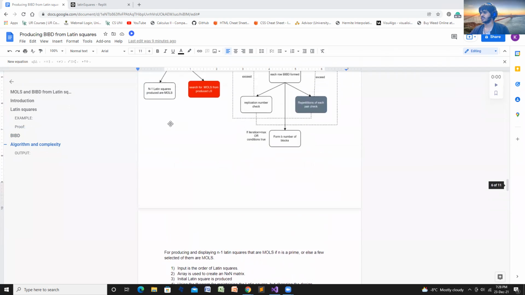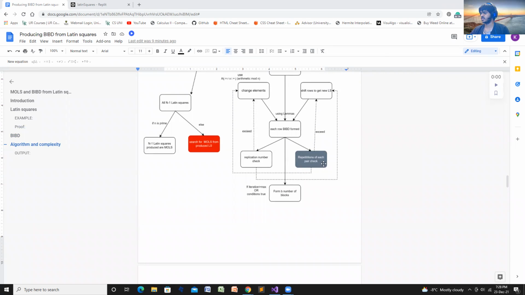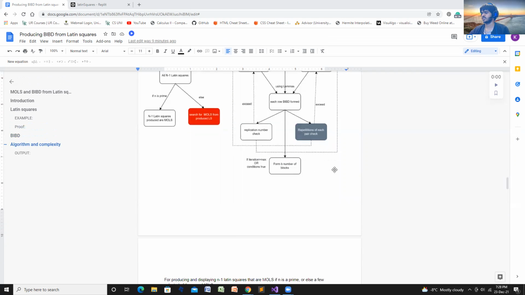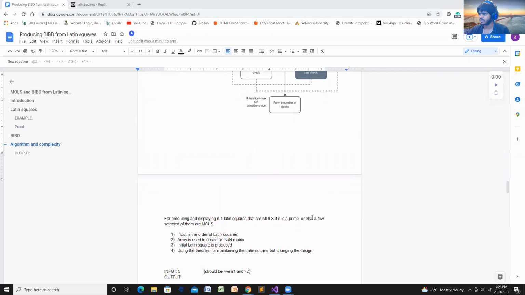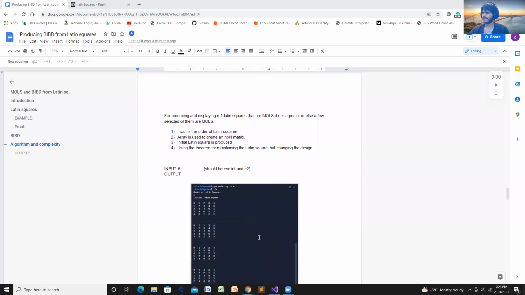But still, it is a little bit error prone, as shown in the gray area. And a little bit for the replication number also, it is a little error prone, so it might give some wrong output.